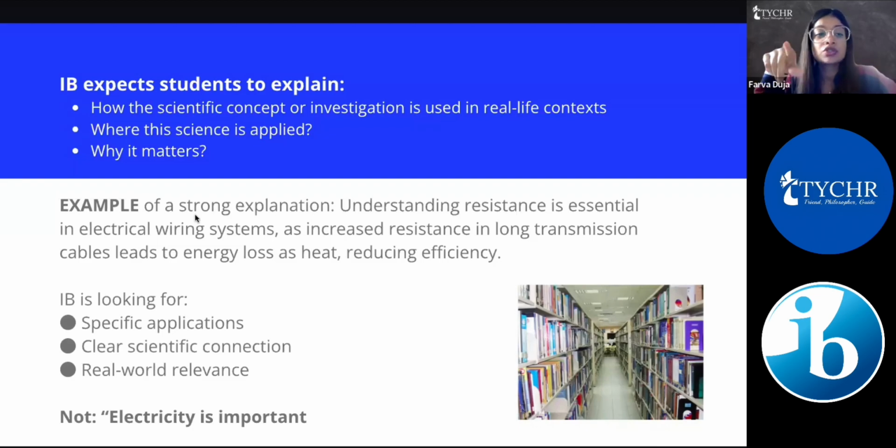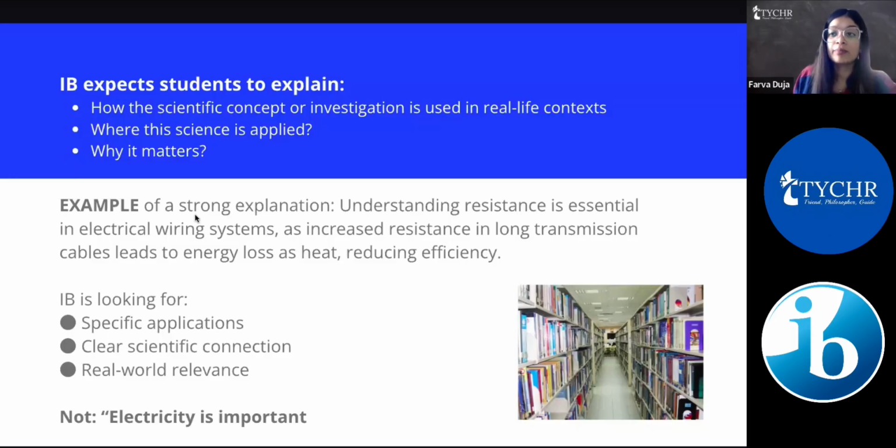Okay. So how does the scientific concept or investigation, how is it used in your real world, is the question you should ask first and try to formulate the answer to that. Then you look for very specific applications of it. Like here, you said electroplating, something like that. Then we have to write, why is this important?